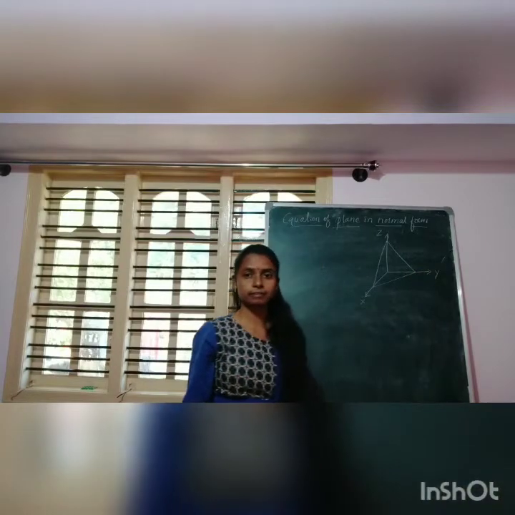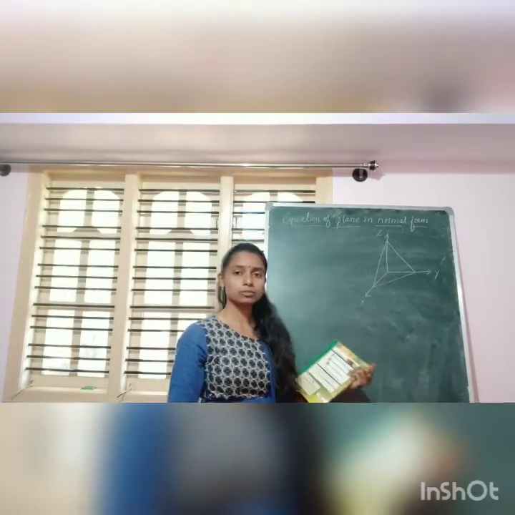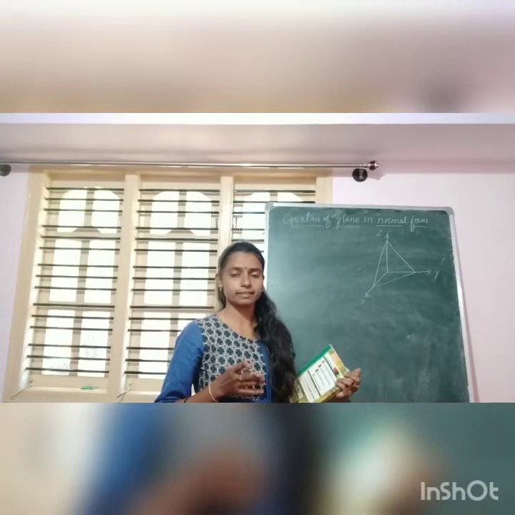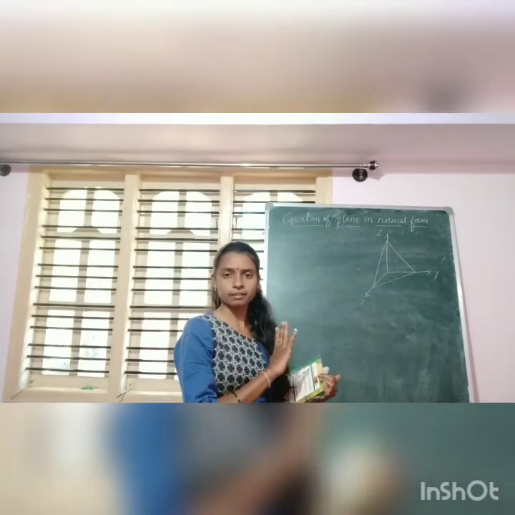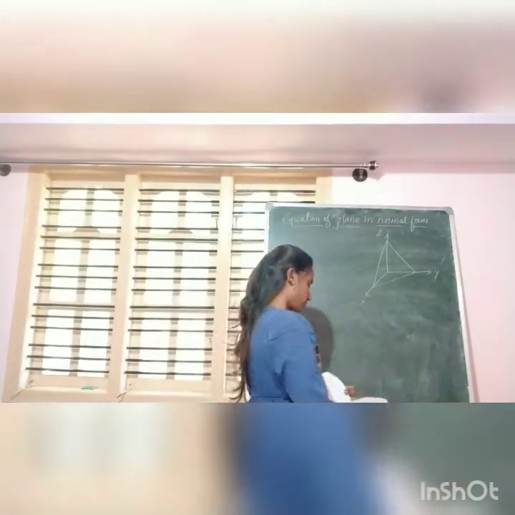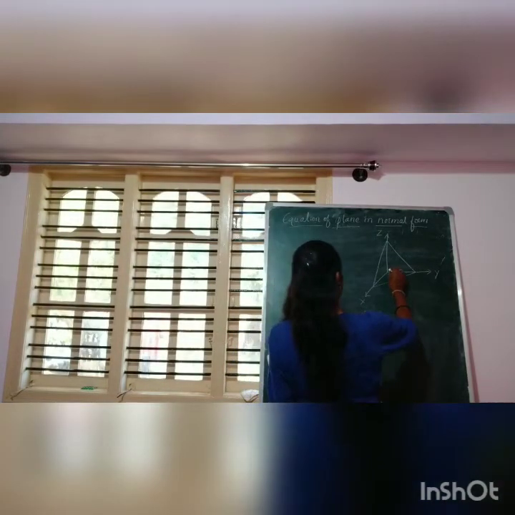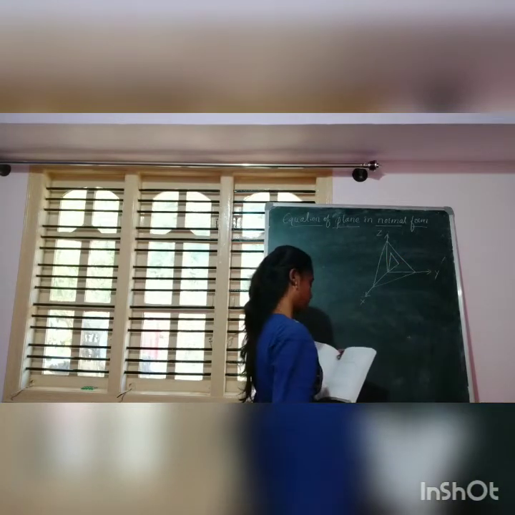Can we call this a plane? Because it passes through three different points, that is, three non-collinear points. Then we can call this a plane. Now within this plane, I'll consider the end point and it is perpendicular. Next it passes through the origin.